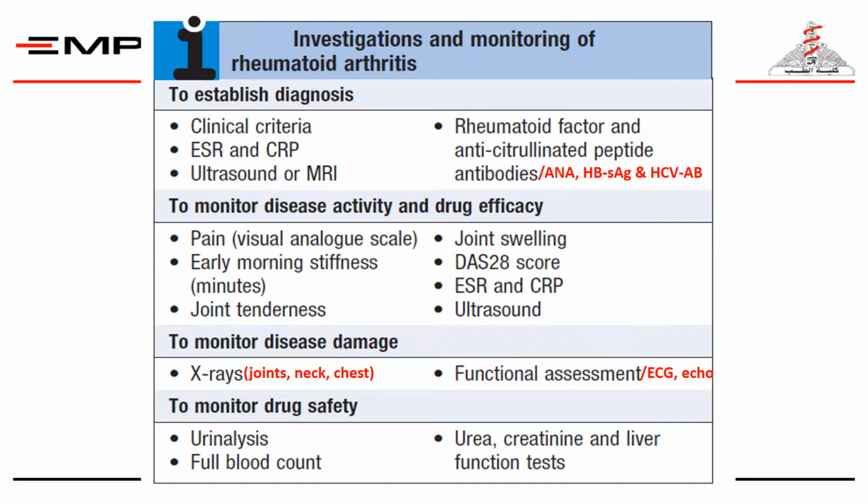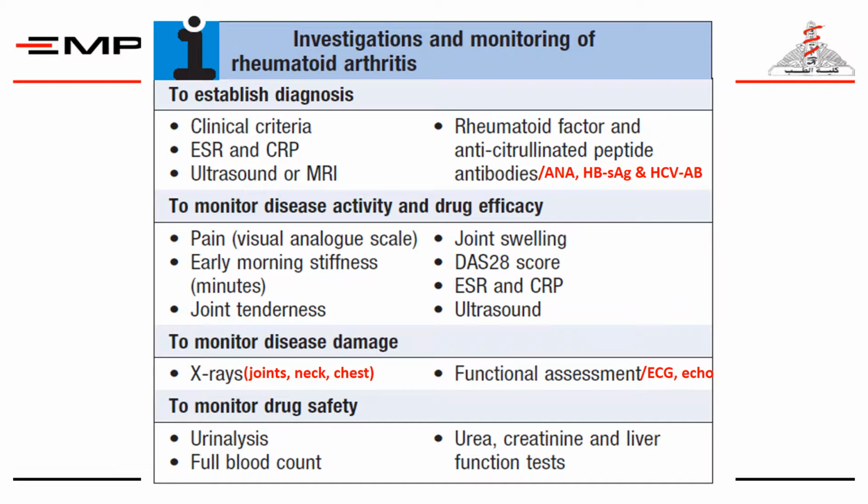In some cases, we ask for ECG and echocardiography to exclude cardiovascular affection. To monitor drug safety, like disease-modifying anti-rheumatic drugs or non-steroidal anti-inflammatory drugs, we can order urine analysis, urea and creatinine as markers for renal affection, and also liver function tests.